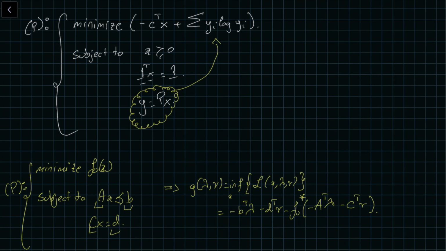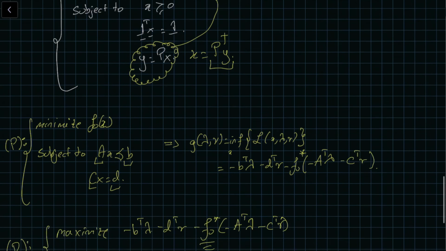The PDF on y is the conditional probability of y given x times the probability on x. But let's try to instead replace x with P pseudo inverse y. Since we've got the y log y and we already know the conjugate of this guy, let's keep it clean and replace x with P pseudo inverse y and see what we get.